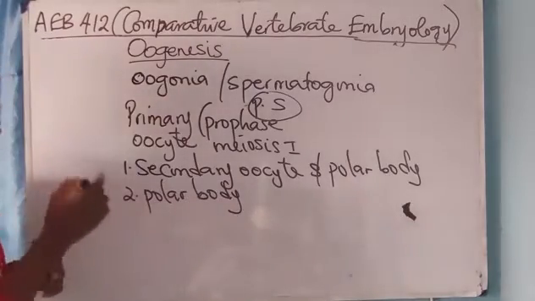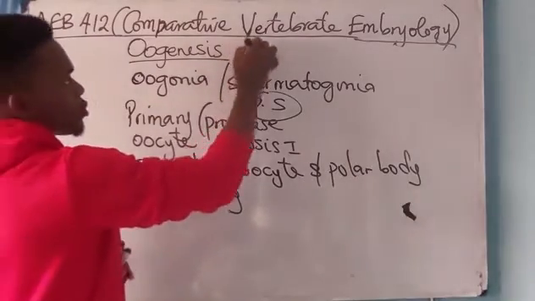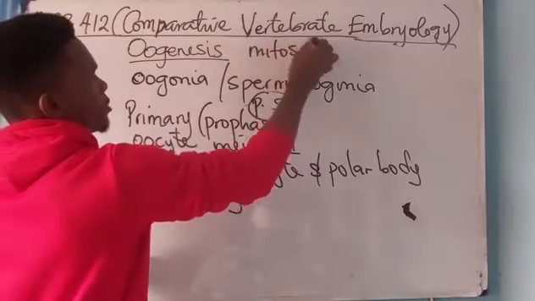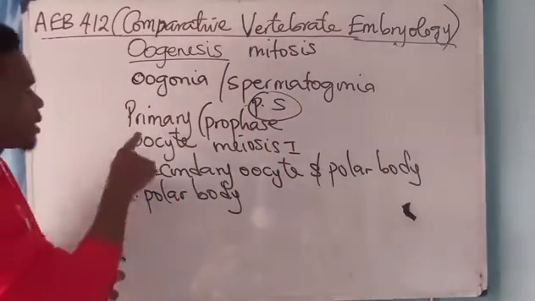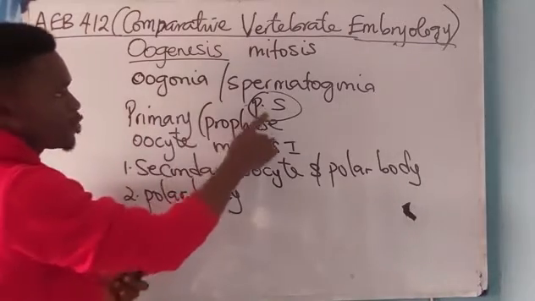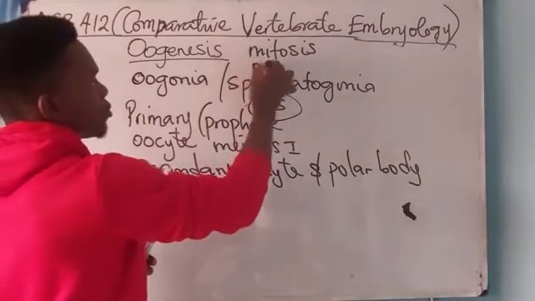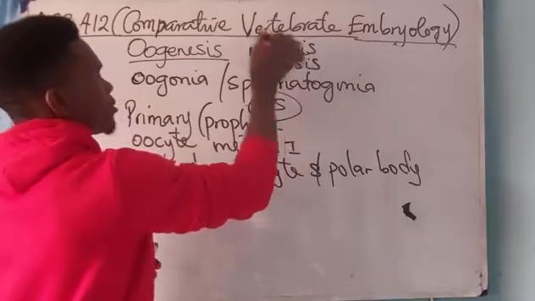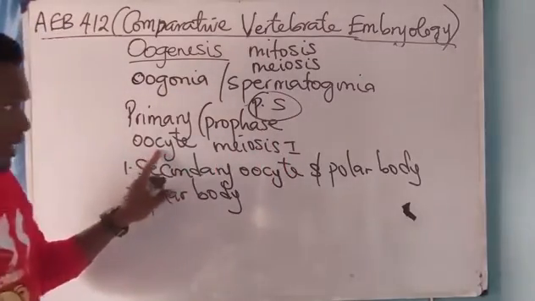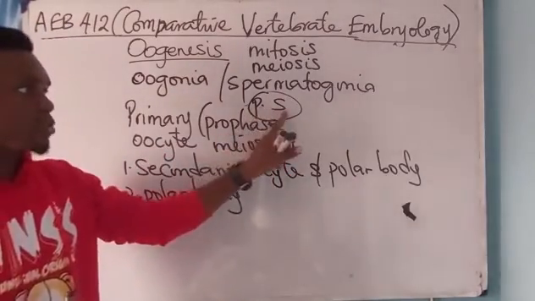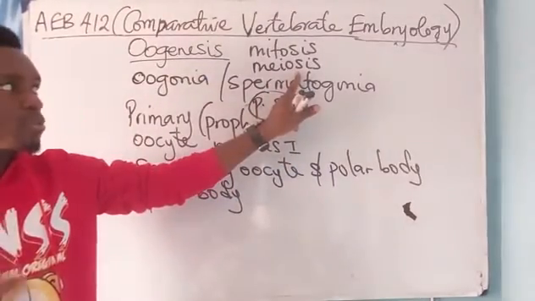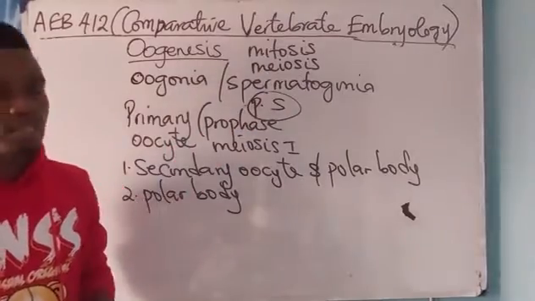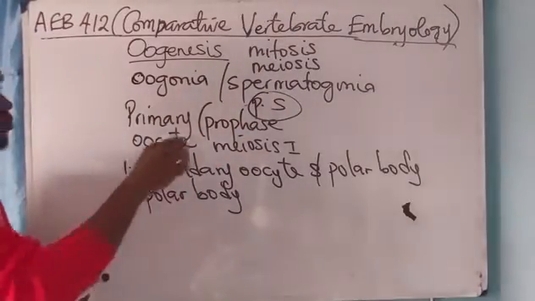The primordial germ cells undergo mitosis, but the primary oocyte or the primary spermatocyte undergoes meiosis. Take note of that.